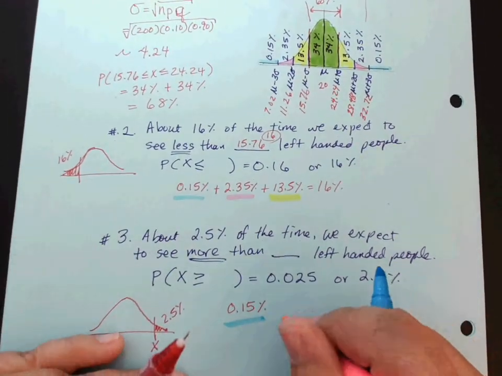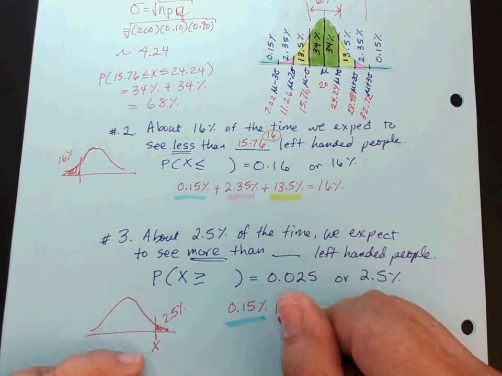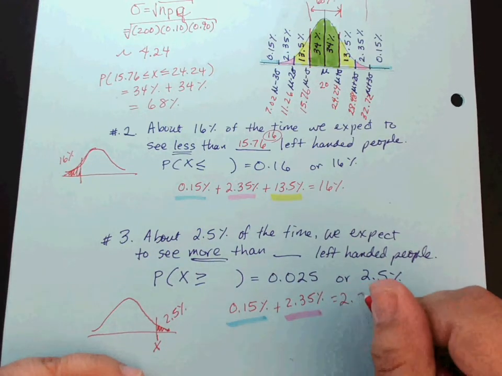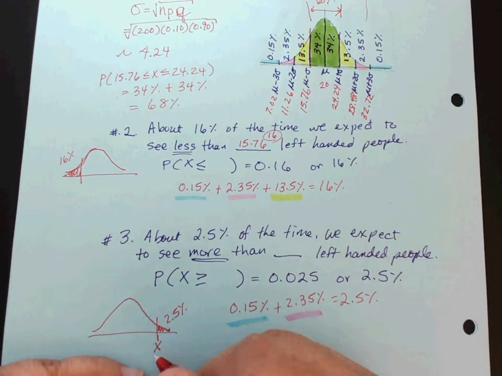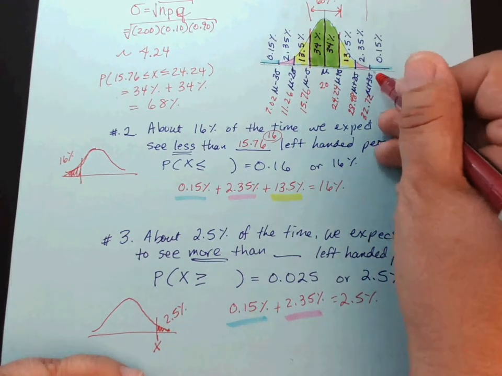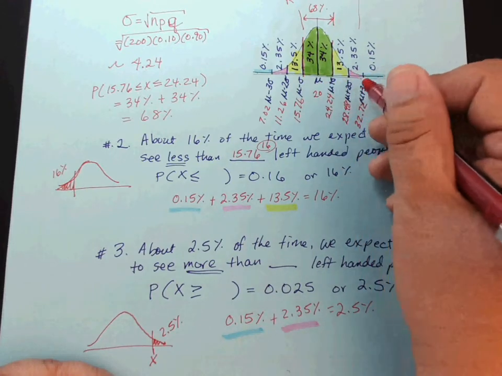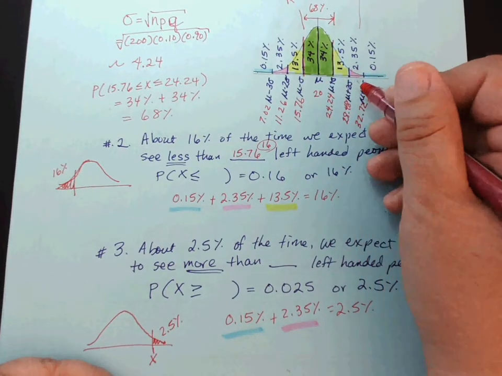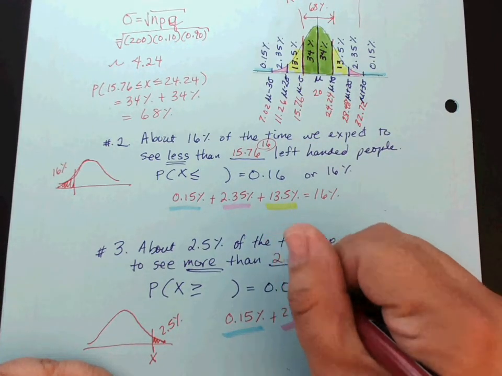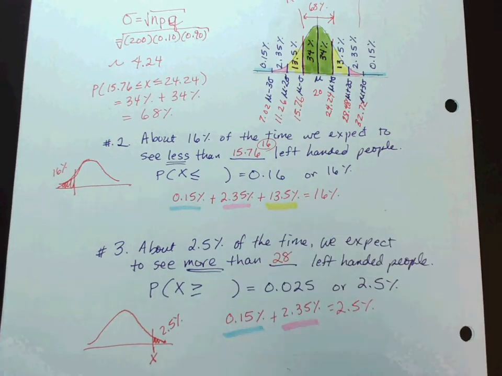So if I add that in, 2.35%, sure enough, I get 2.5%. So where is that number at? That's the blue and the pink. I'm right here, which is 2 standard deviations away from the mean. And that is at 28.48, so we could just say 28 people, right? 28.48 rounds to 28.